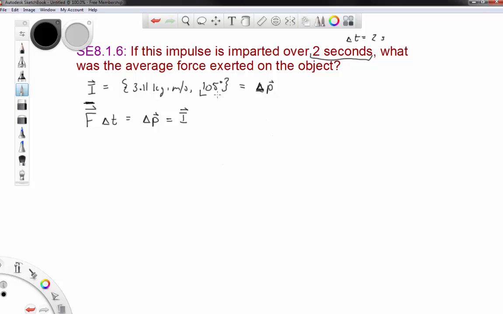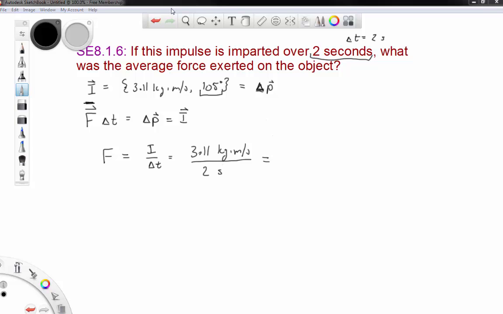The direction part of the vector is going to have to be 105 degrees. It's the magnitude that we care about, because we can solve for it by dividing both sides by delta t. So you'd have I over delta t. That's 3.11 kilogram meters per second divided by 2 seconds.